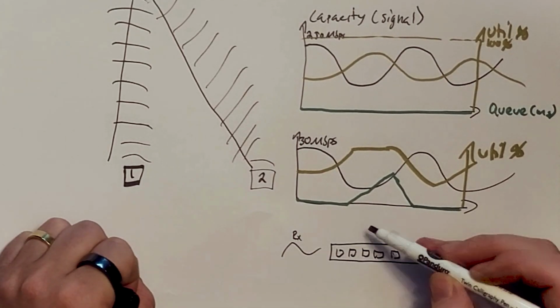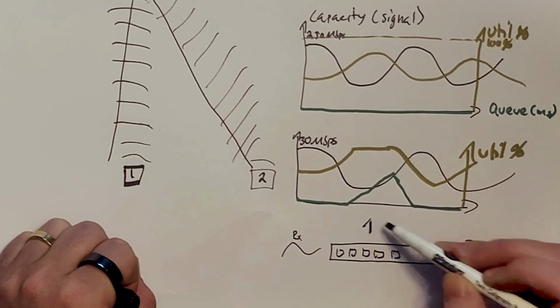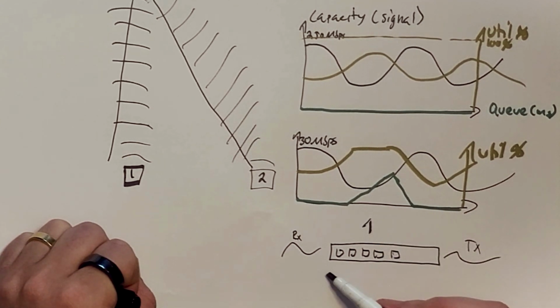Well, you could imagine shaping this traffic so that you never hit 100%. You could do that. The better solve is to go from one queue to two queues.